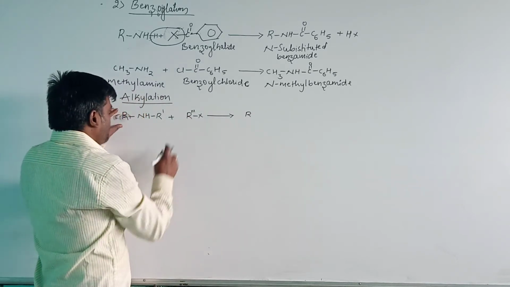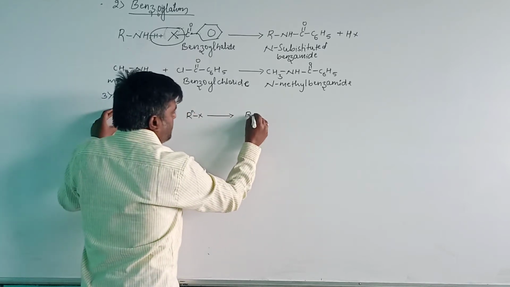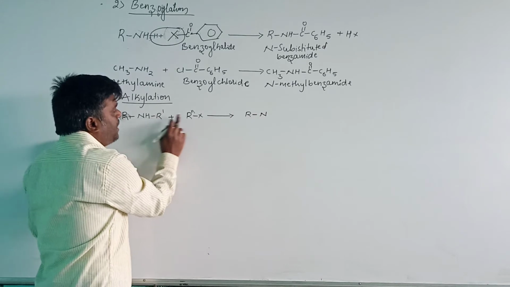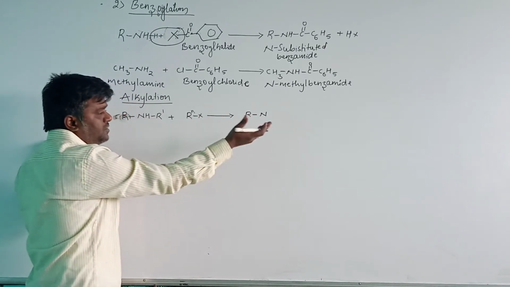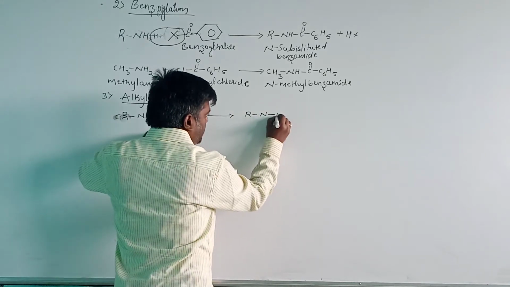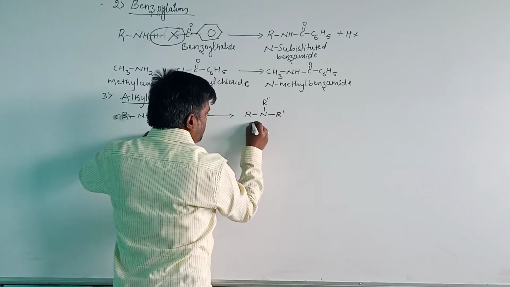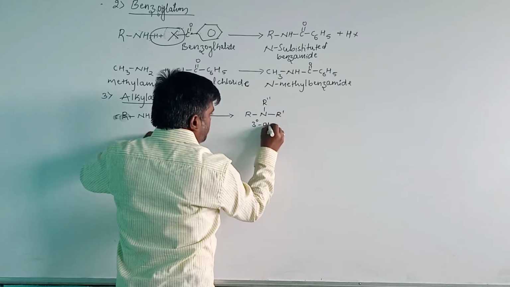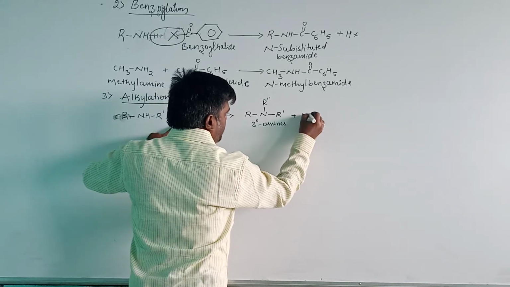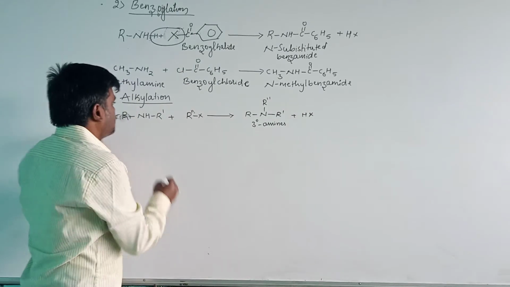Consider this as R dash and this as R double dash. One of the hydrogens combines with the halogen and gets converted to hydrogen halide. It produces the tertiary amine, and the byproduct is hydrogen halide. This is the secondary amine.